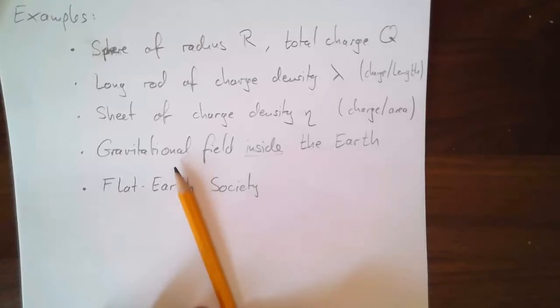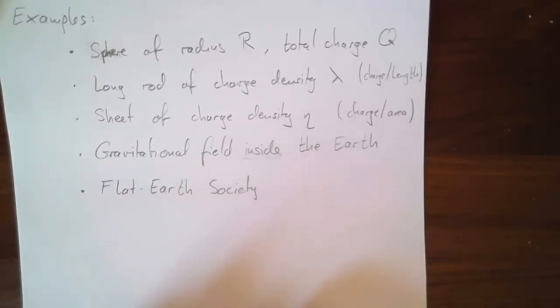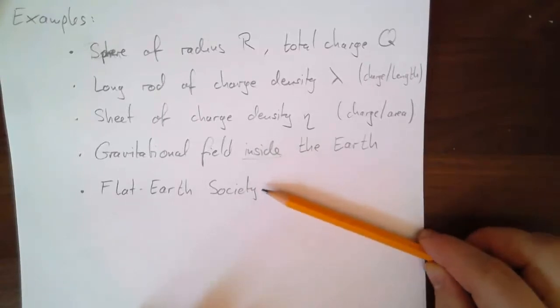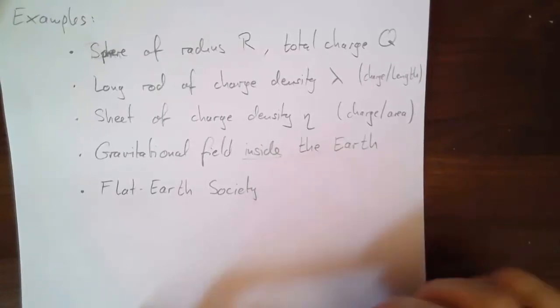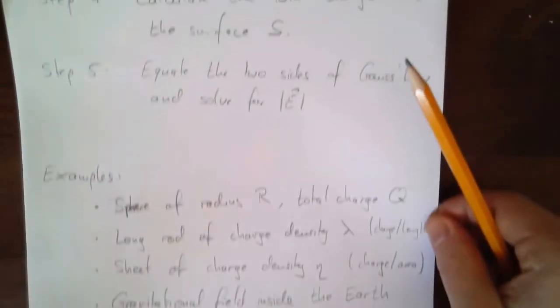Newton's theory of gravity looks very, very similar to electrostatics, and so it has its own Gauss's law. You probably didn't meet it when you looked at Newton's theory of gravity in Physics 161 or whatever equivalent course you took. And then the final little challenge problem, well, it's going to be fun. You'll see. All right, let's get started. Let's apply those steps.